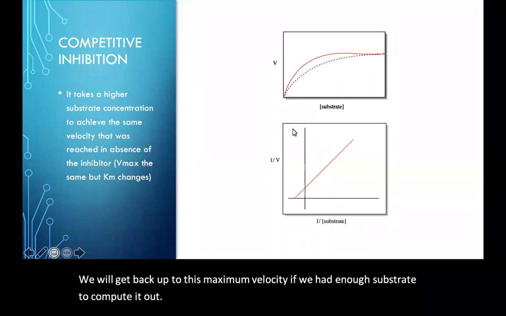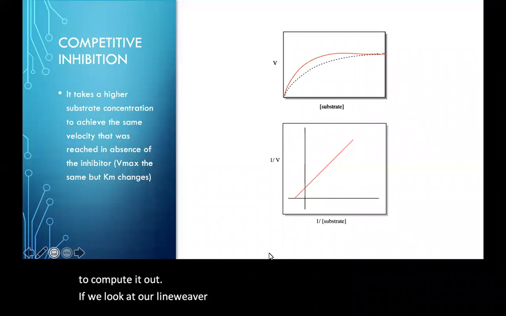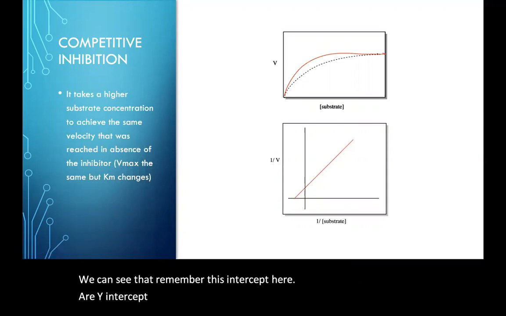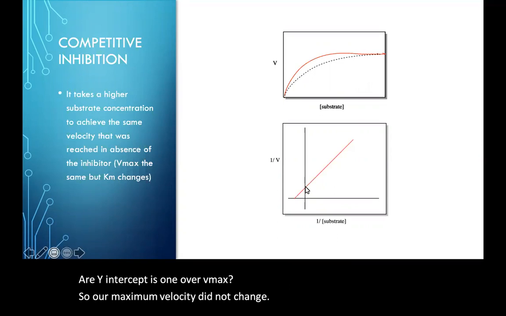If we look at our Lineweaver-Burk plot, our double reciprocal plot, remember this y-intercept is 1 over Vmax. So our maximal velocity did not change. And so we'd expect that our maximal velocity is probably not going to change when we add an inhibitor.